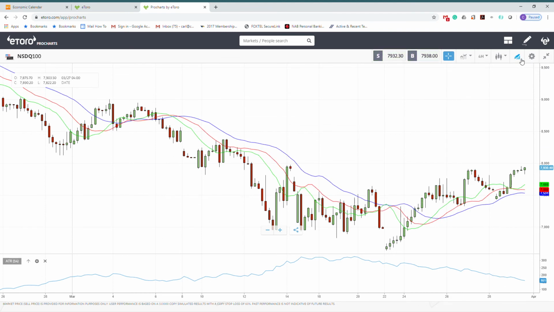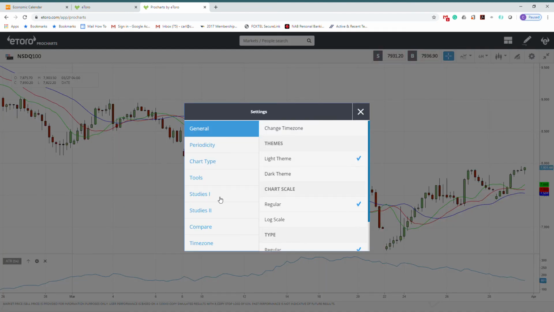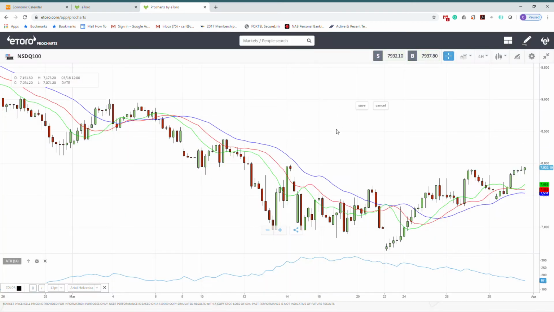If you times that by 3, you'll get 3 times 160 equals 480.